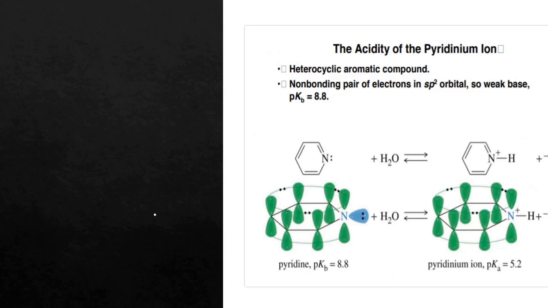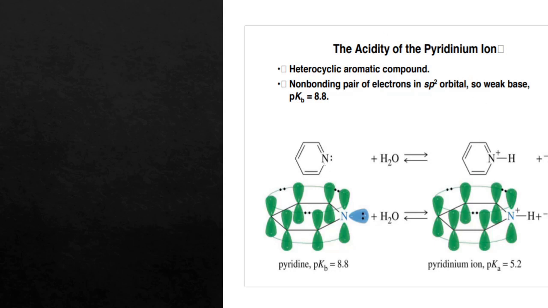Let us try to understand the acidity of the pyridinium ion. We know that pyridine is aromatic in nature because it satisfies all the conditions. It is cyclic, it is planar, it has 4n plus 2 pi electrons, and it also exhibits resonance.